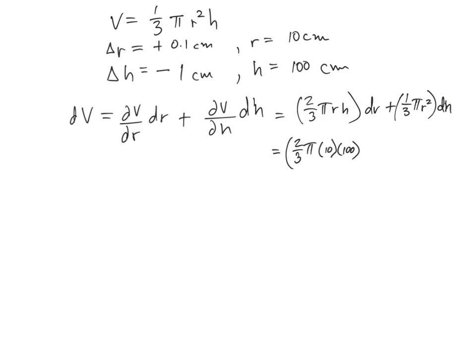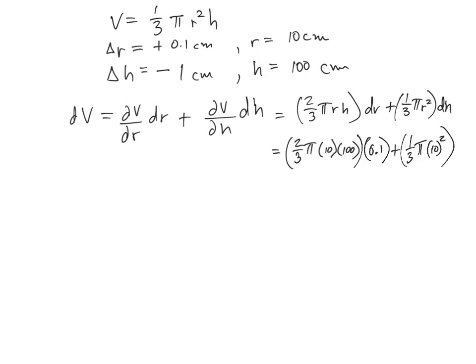Okay, what is dr? Well, that's how much r changes. That's our delta r up here, which is 0.1 centimeters. Plus 1/3 pi r squared. R, again, is still 10 centimeters. That's where r starts.